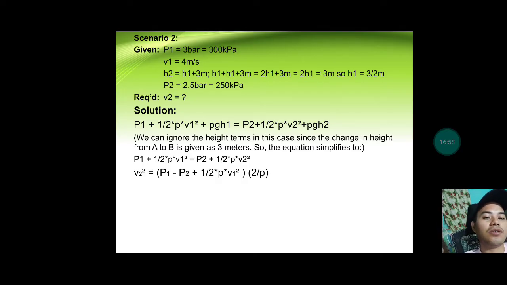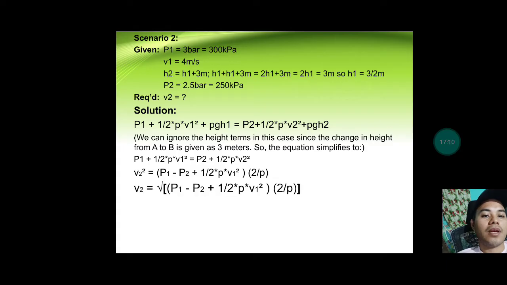Okay, since V2 is squared, we should eliminate the power of 2 by putting a square root.